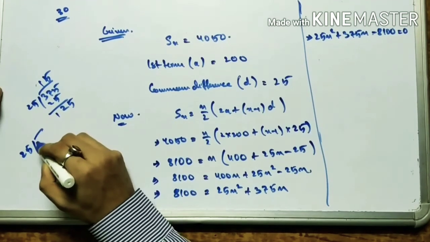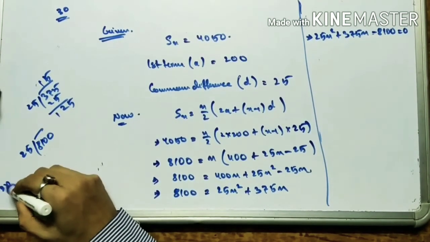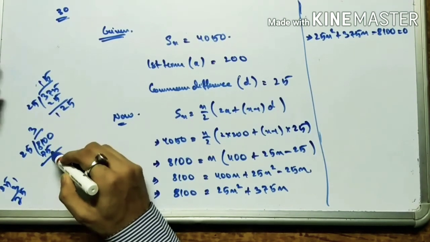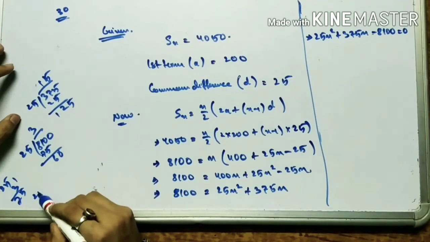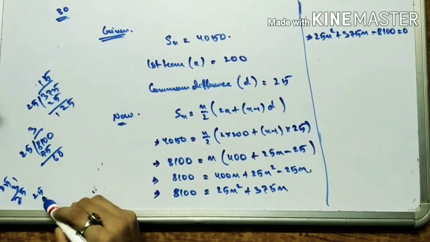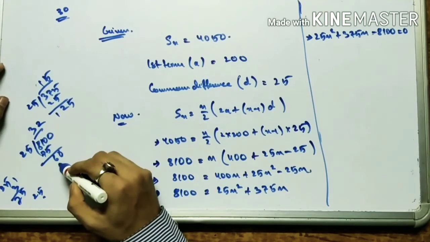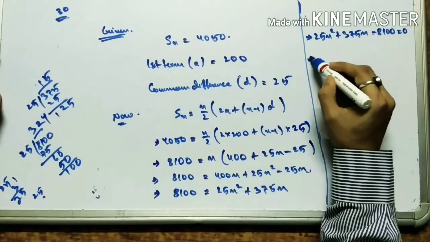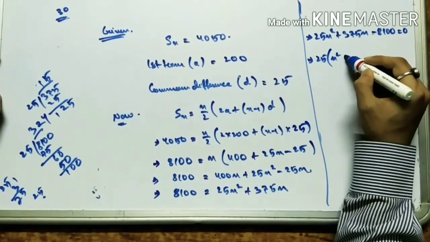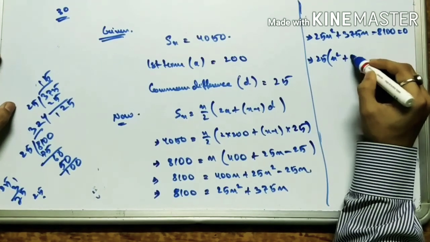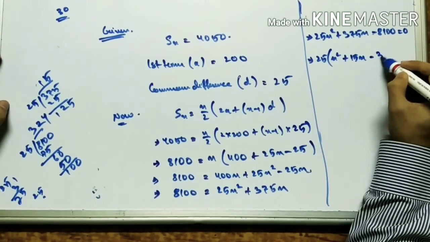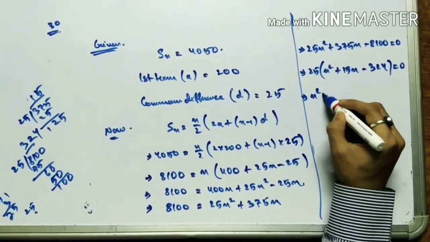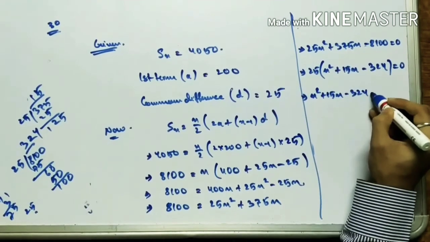And 25 into 324 is 8100. So if I take 25 common, then I will get n square plus 15n minus 324 is equals to 0. Understand? 324. So ultimately I will get n square plus 15n minus 324 is equals to 0.